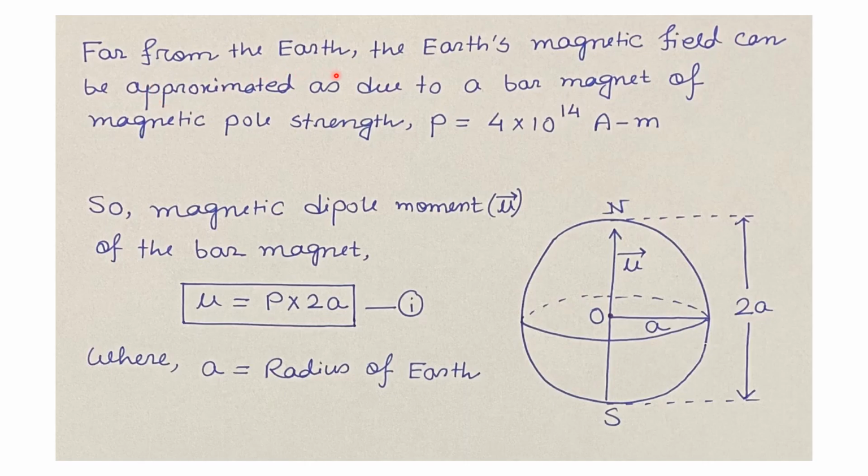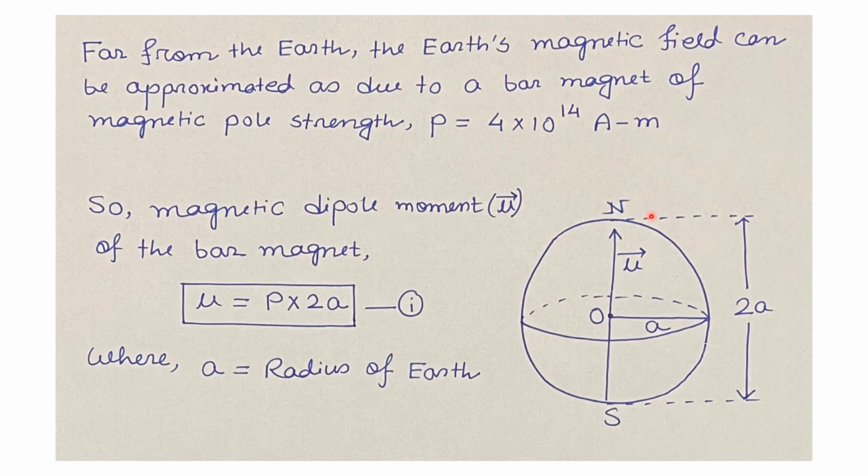The Earth's magnetic field can be approximated as due to a bar magnet of magnetic pole strength P equals 4 times 10 to the power 14 ampere meter. Now we can assume that this Earth's magnetic field is generated by a current carrying loop encircling the Earth's magnetic equator. So the current carrying loop has the radius a, which is the radius of Earth, and the magnetic dipole is directing towards the north direction.